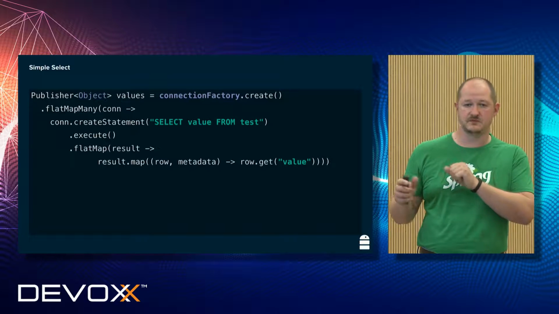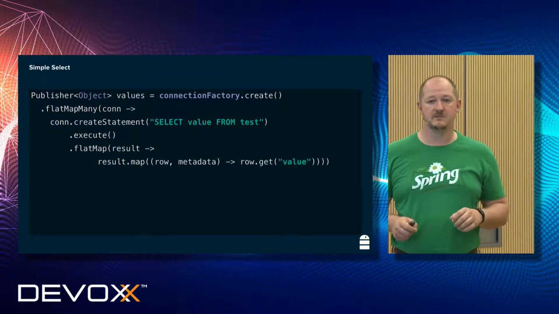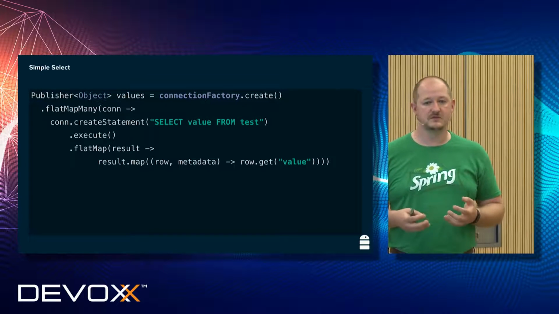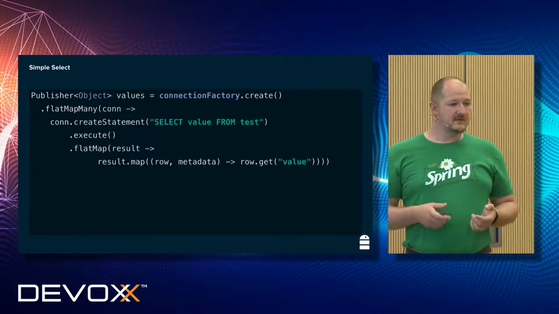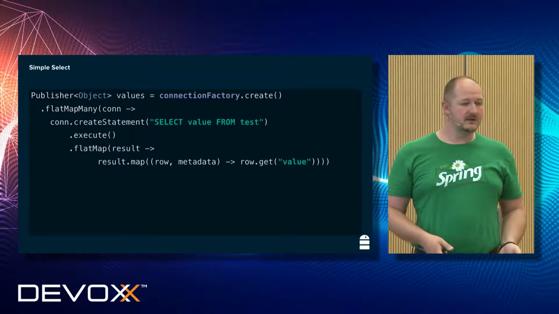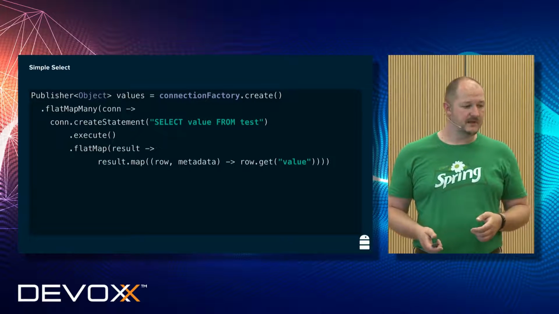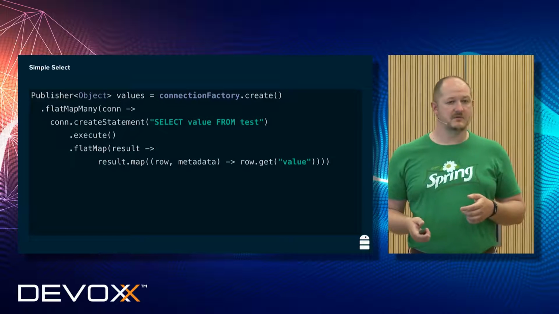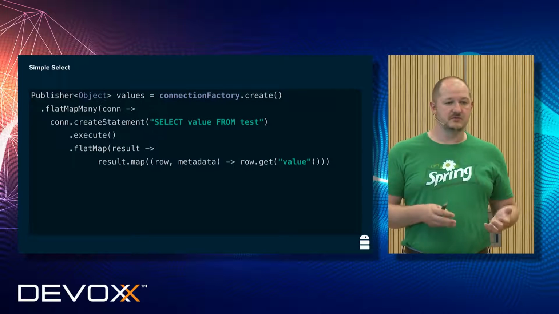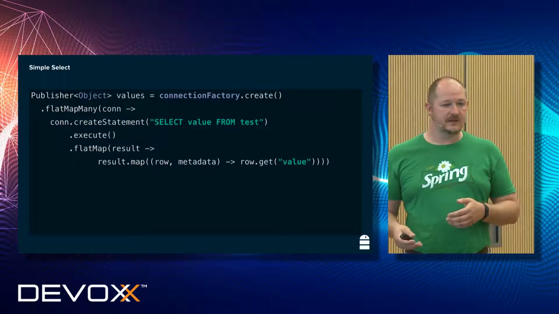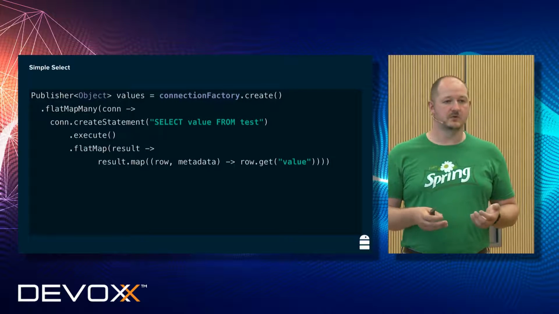So in this case, we're using Project Reactor as composition library to make it at least somewhat usable. As soon as we get that connection emitted, we issue a select statement, select value from test, we execute that. And again, we are flat mapping the result, which means as soon as results stream in, then we are able to work with that result.